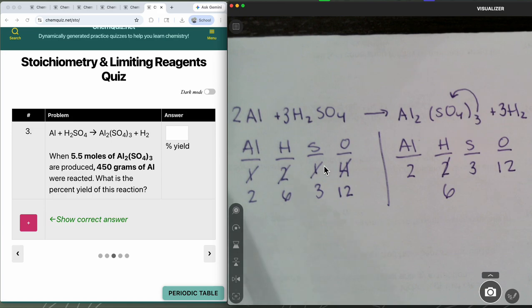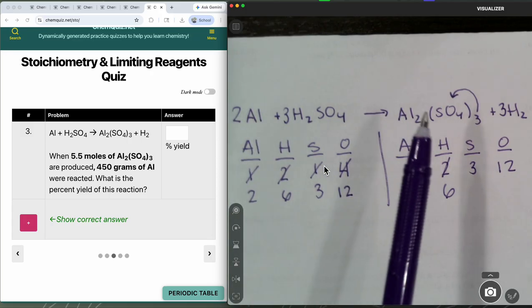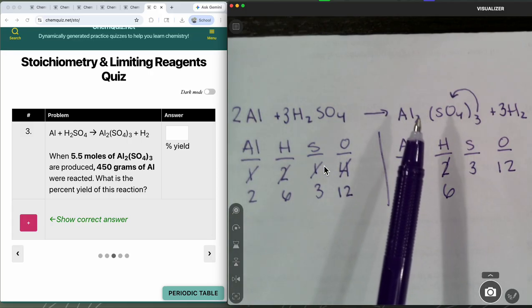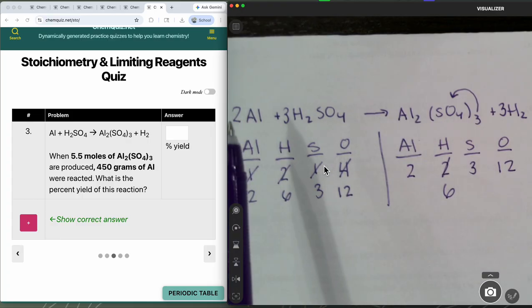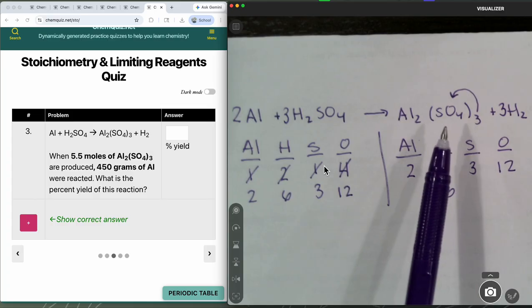Well, it's giving you aluminum. We have to go from moles to moles. Right. So then do we have to change the 450 grams to moles? Very nice. They gave us 450 grams of aluminum, but if we're trying to go from aluminum to aluminum sulfate, we're going to have to go moles to moles. Okay. So if they give us grams, we're going to have to go grams to moles to moles.